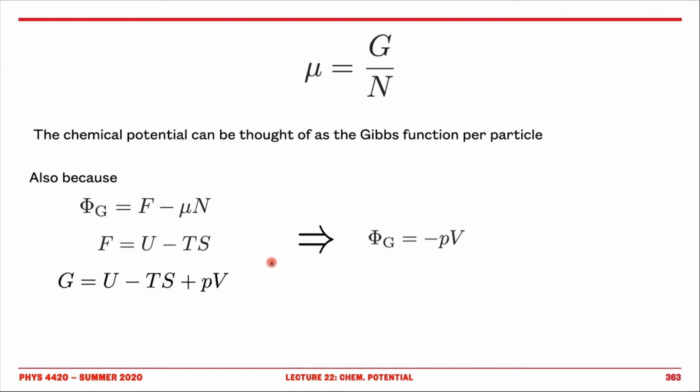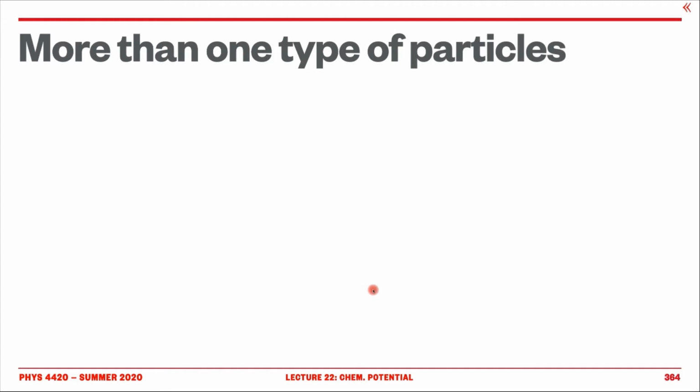And that allows me to write, if you subtract everything that you need to subtract here, and of course F minus mu n is going to come, U minus Ts minus mu n, so that's almost the same as G, but G is mu n, so it's F minus G. F minus G is U minus Ts minus U minus Ts plus PV. So what we have left is minus PV. So the grand potential is actually minus PV. This is what we find. That's coming a little bit of a surprise, maybe to many, but this is the expression of the grand potential.